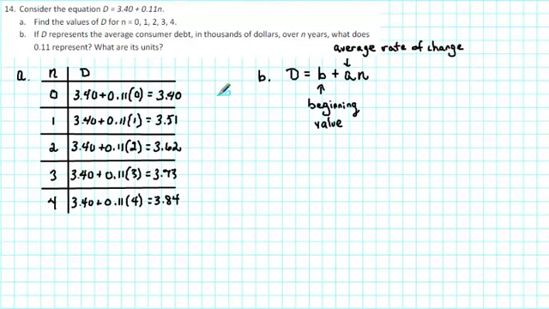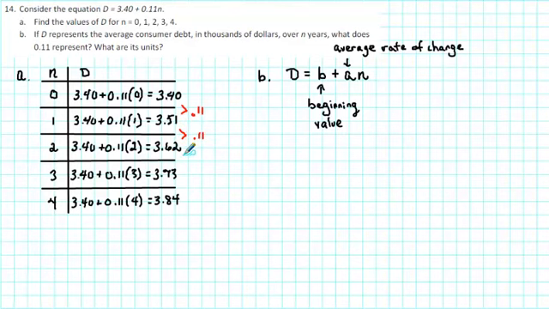If we look at the table, notice that as n increases by 1, the D values are increasing by a fixed amount. As we increase from 3.40 to 3.51, that's an increase of 0.11. As we increase from 3.51 to 3.62, that's an increase of 0.11.